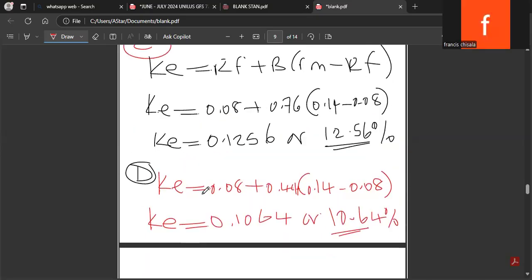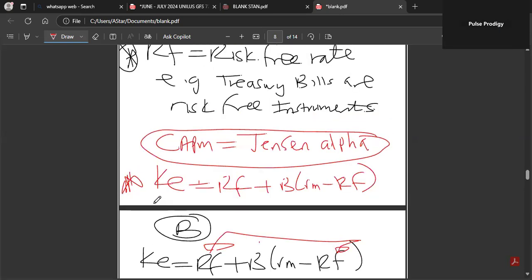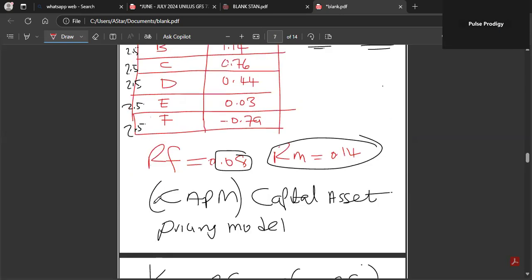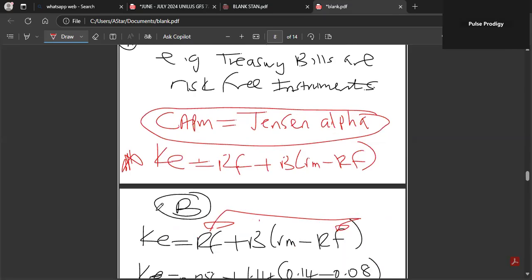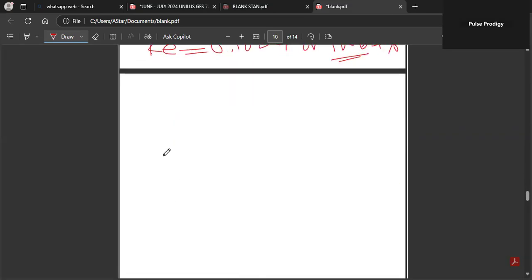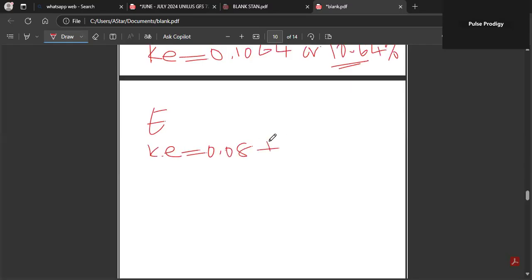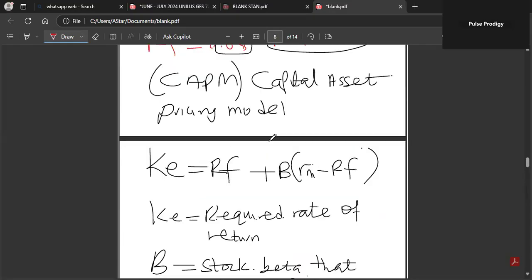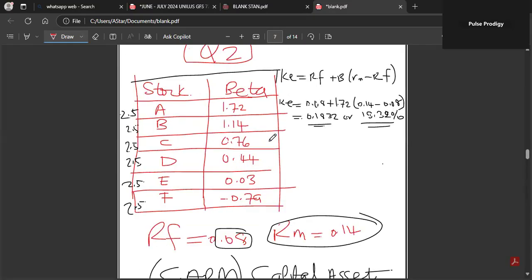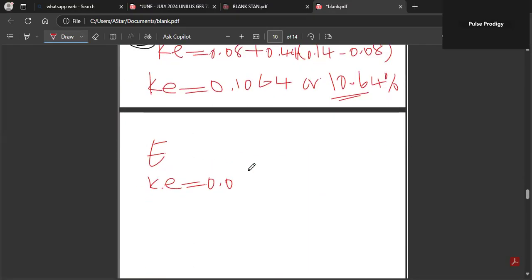Yes, sir. Okay, so in your own time, you can try to do E and F. For E, KE is actually 0.08 plus the beta, which is about 0.03.